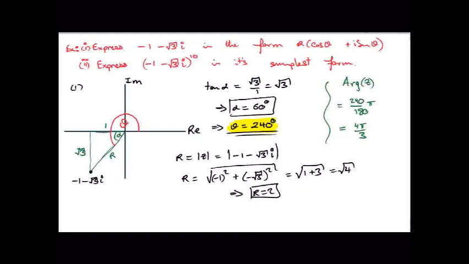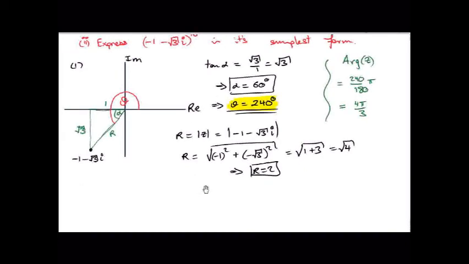We all right? So that means then that if I want to express it in the form r into cos theta plus i sine theta, I have minus 1 minus root 3i equals r into cos theta plus i sine theta, which is going to be 2 into cos of 240 plus i sine 240.